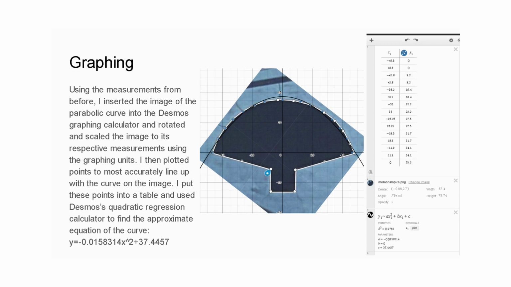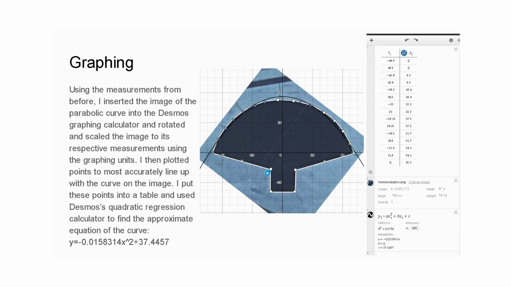Here you see the image is rotated to line up with the graphing plane, and we have about negative 46.5 to 46.5 to represent the width of the parabolic curve, and then 35 to represent the height.